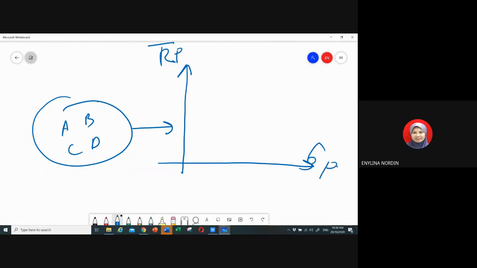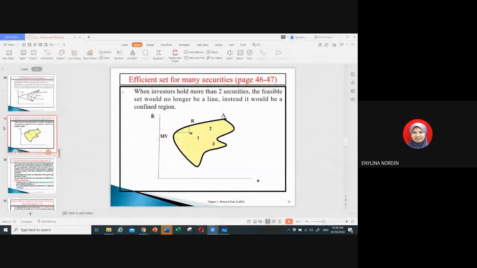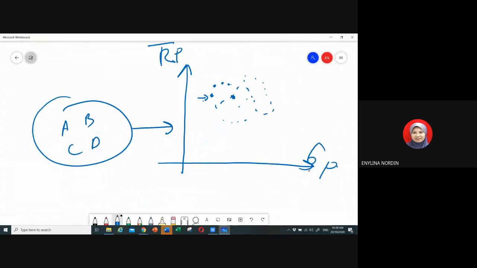So definitely you would have so many combinations of A, B, C, D. The points will look like this. Each point represents a combination, maybe 10% in A, 20% in B, and the rest in C and D. The points are scattered, so you get the opportunity set like this, a confined region.